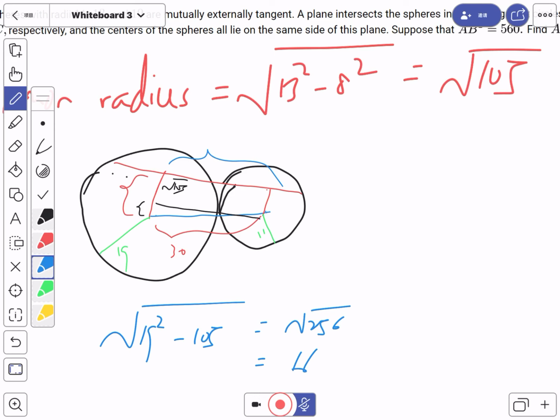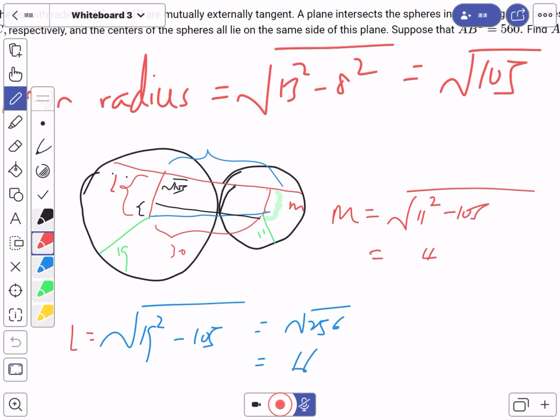The red portion, let's call it L, is equal to 16. We also want the length over here, call it M. M is equal to the square root of 11 squared minus 105, which is equal to 4.